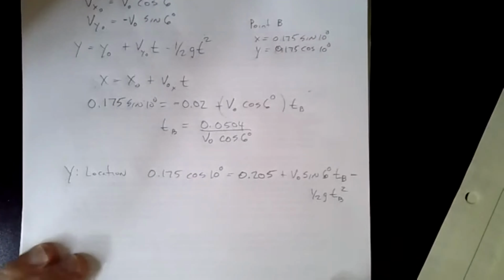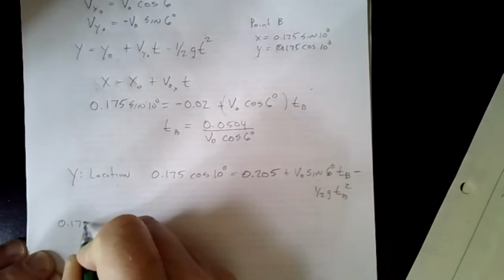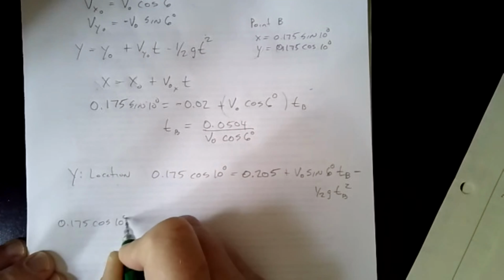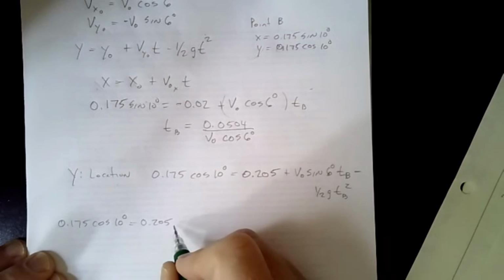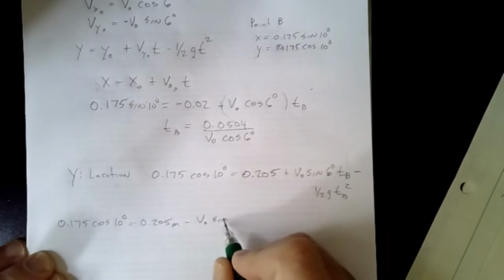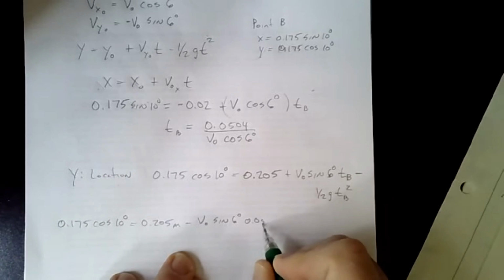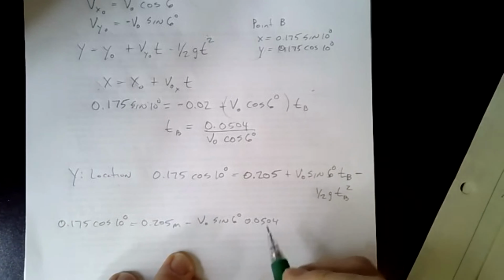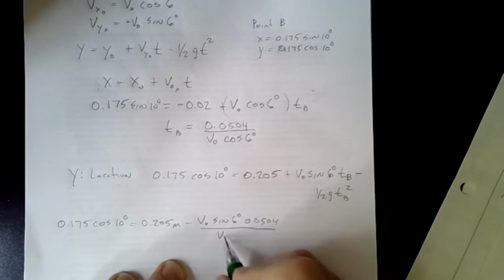So if I rewrite that, I have 0.175 cosine 10 degrees equals 0.205 meters minus V naught sine 6 degrees times 0.0504 divided by V naught times cosine 6 degrees.